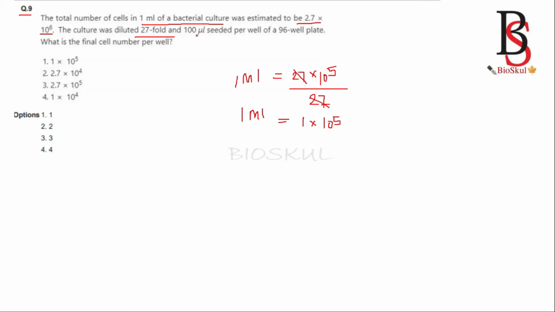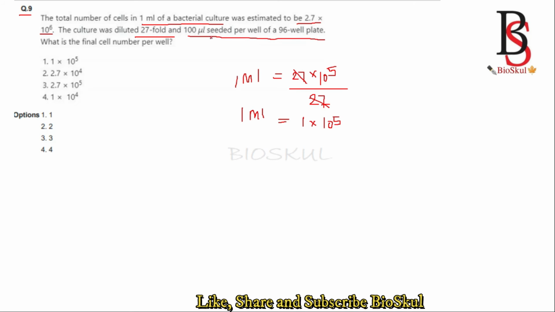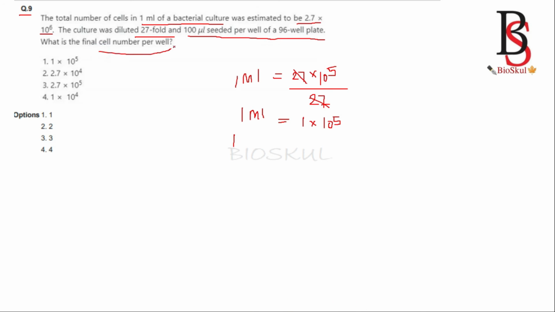Okay. And 100 microliter is seeded per well of a 96 well plate. What is the final cell number per well? Okay. 1 ml is 1000 microliter. 1000 microliter has 1 into 10 to the power 5 cells.